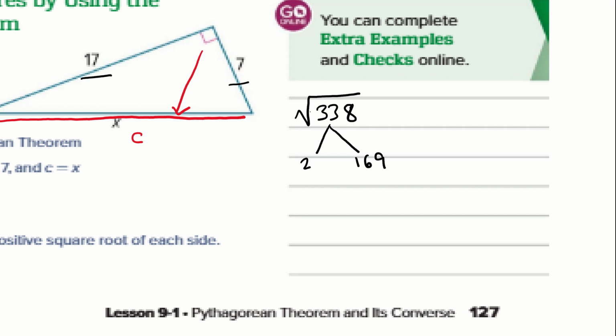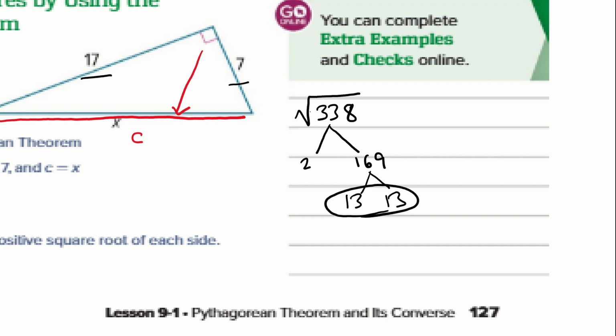So what goes into 169? Well, it's 13 times 13. And again, you're using the calculator to help you with this part. If you're not very good with your multiplication facts or division, you're going to use a calculator to figure out what these numbers are. And we can't go any further because there's nothing that goes into 13, right? And so what we're going to do now is look for pairs. We're looking for couples. So we got a pair of 13s there.